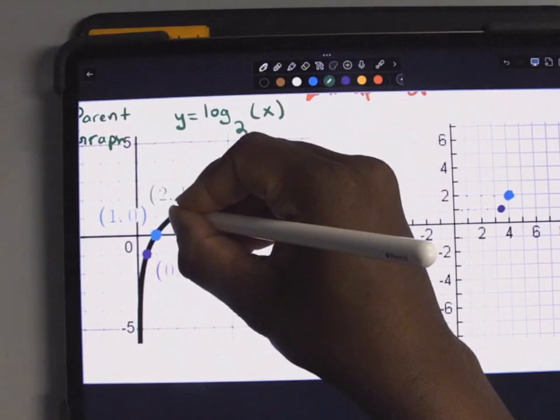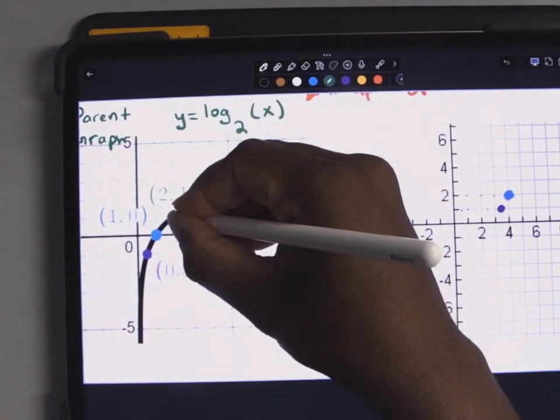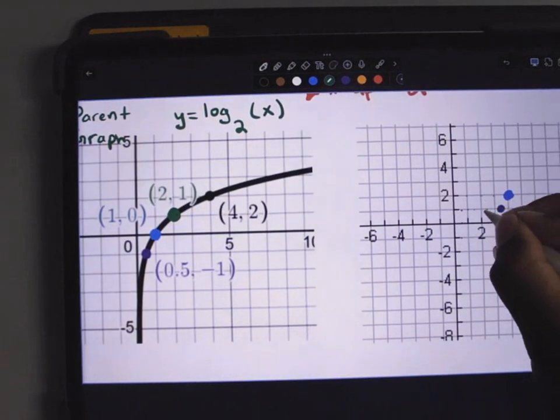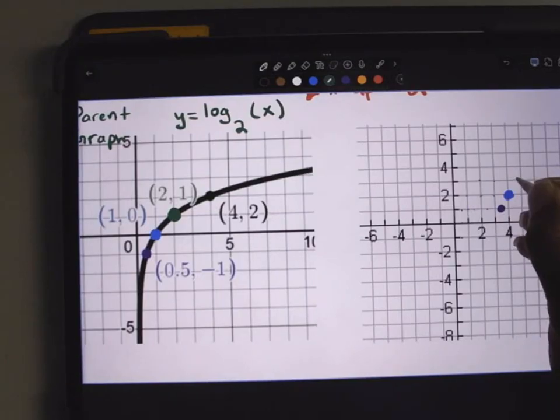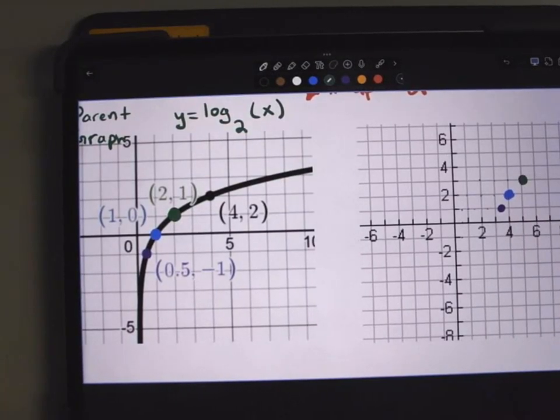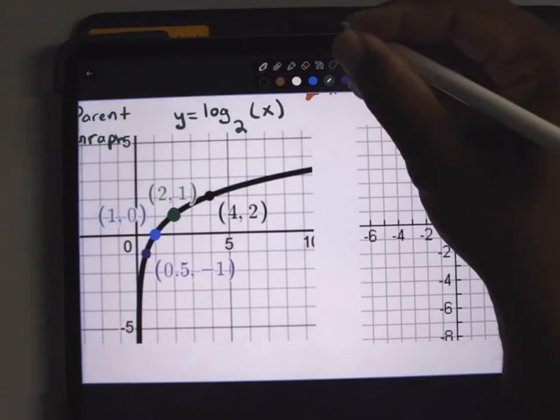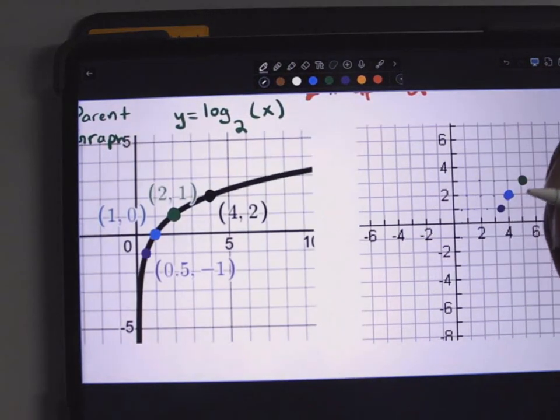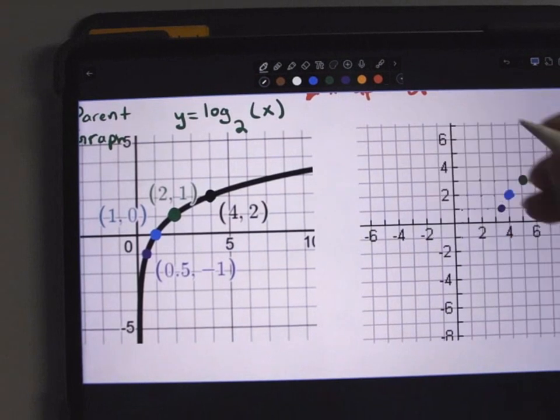I'll move the green point, 2, 1. From 2, 1, I'll go up 1, 2, right, 1, 2, 3. And then our last point is this black point. 4, 2.